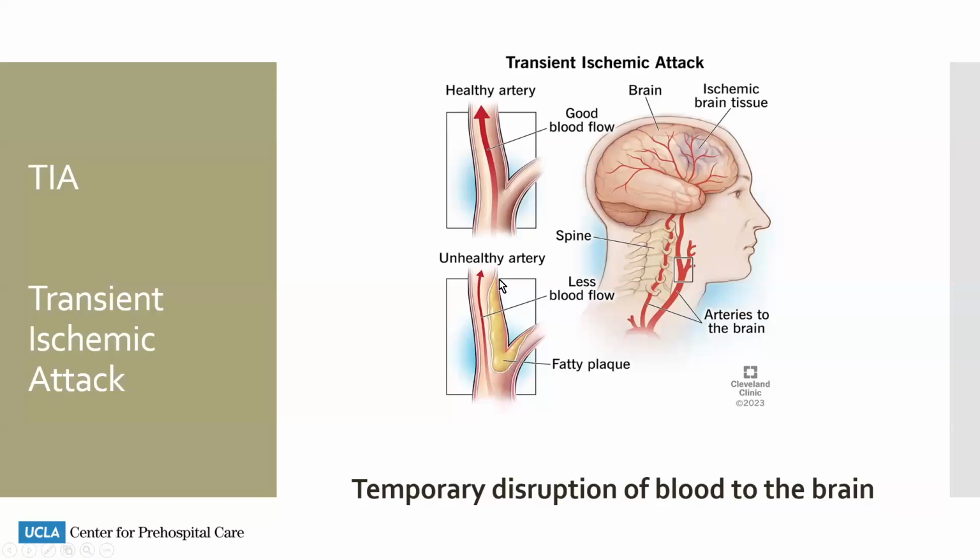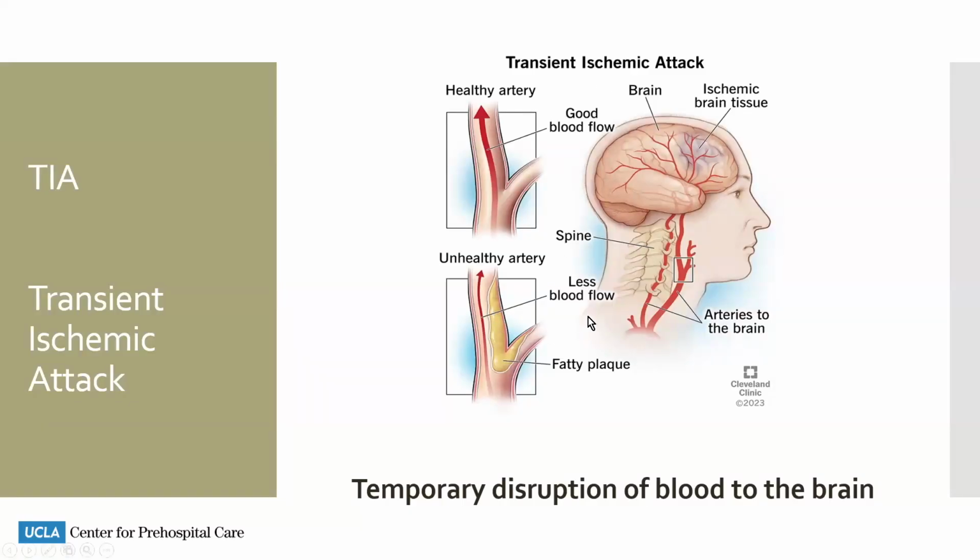It's the cholesterol buildup in the vessel, and eventually the blood cells as they're going by cling to this irregular surface of the plaque there, and eventually they will adhere to this, and eventually they'll clot off that whole vessel. So that's what a transient ischemic attack does.